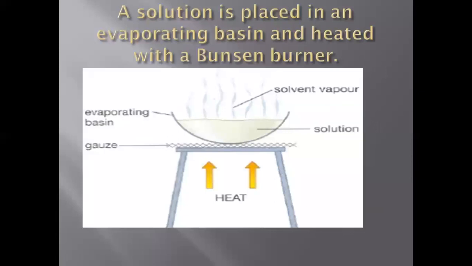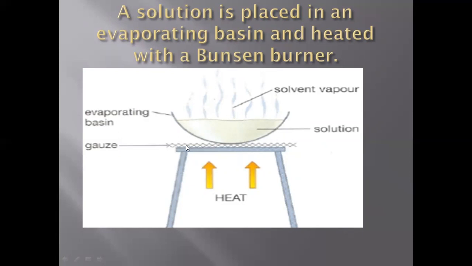This diagram shows how salt is separated from a salt solution. The salt solution is placed in this china dish or evaporating basin, and it is heated. It is placed on a tripod stand.